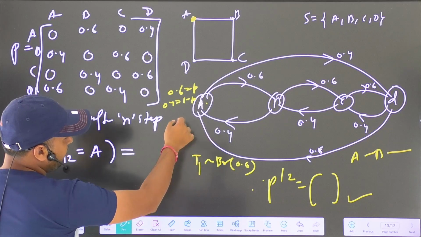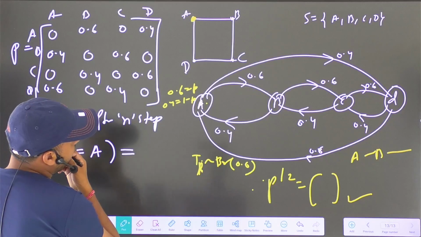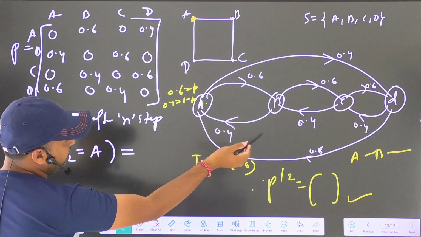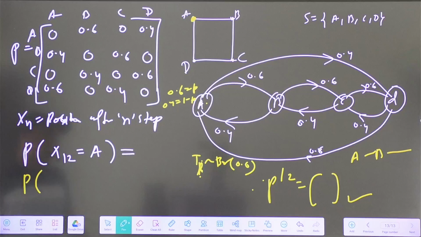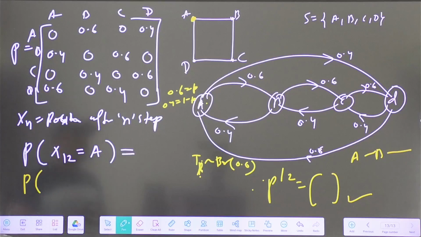T1 is the first step, T2 is the second step, T3 is the third step, fourth step, and so on, 12th step. And you are coming back to A only. And you cannot take an odd number of steps. You will have to take an even number of steps, right?